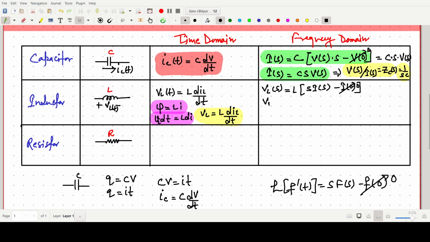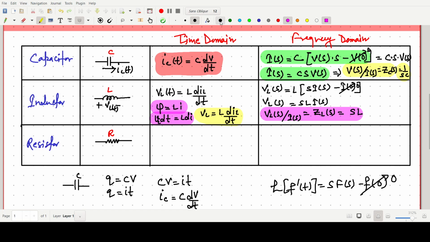So one can write V_L(s) equals sL I(s). Then V_L(s) upon I(s) is nothing but the impedance of the inductor, Z_L(s), which is sL. This is basically the proof that the impedance function for the inductor is s times L.